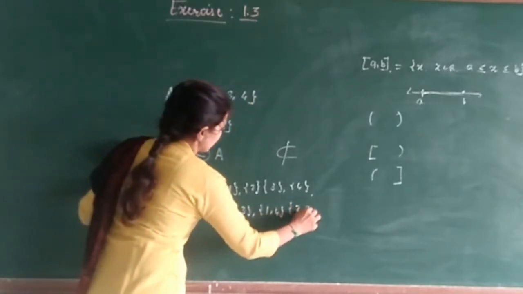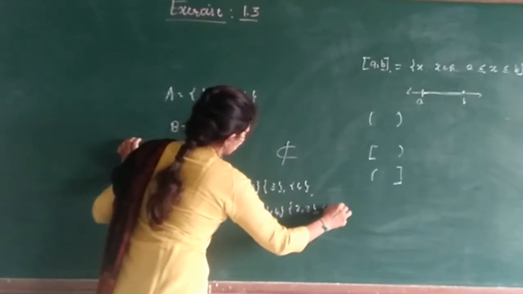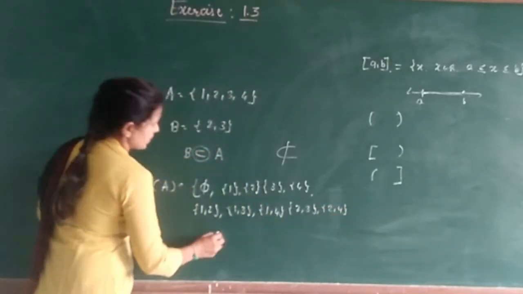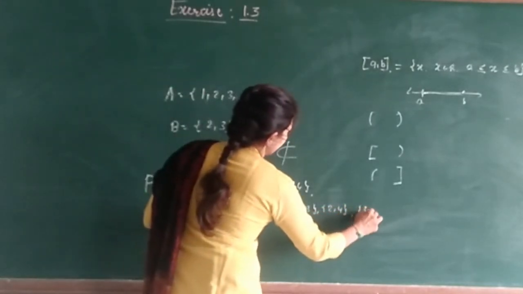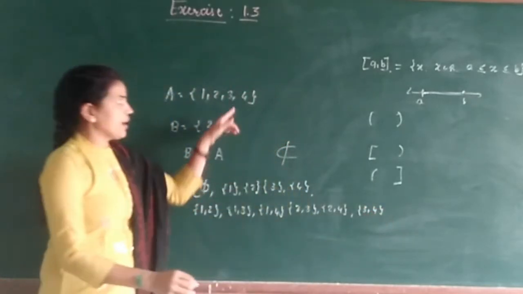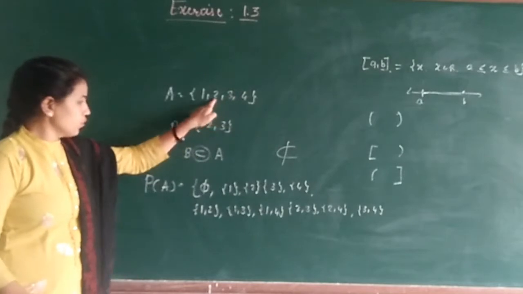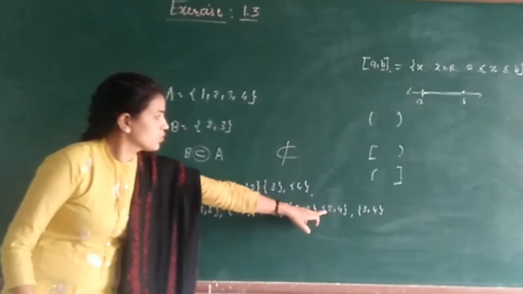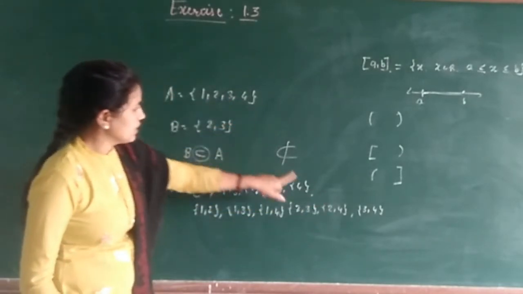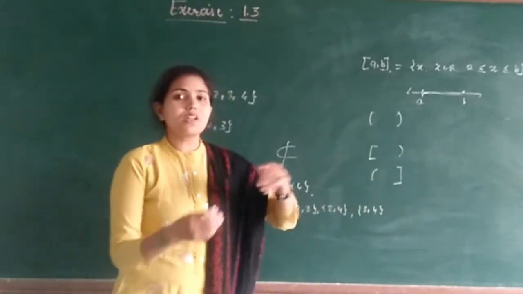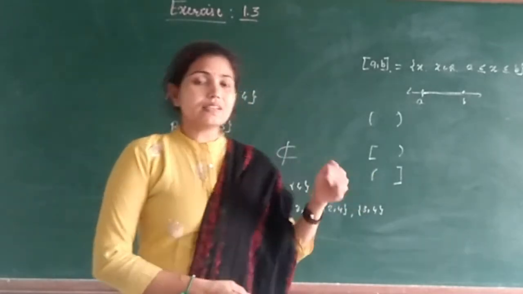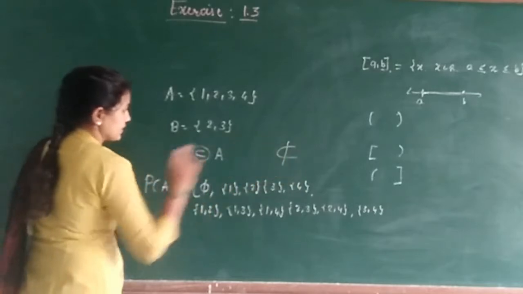Then 2 3 and 2 4. Then with 3, that is 3 4. Now if you want to write it with 4, then it is 4 1, which is actually already there. Then 4 2 is actually here, where is 2 4. Then 4 3, that means 3 4. So whatever is repeated, we do not have to write. So these all are the elements.